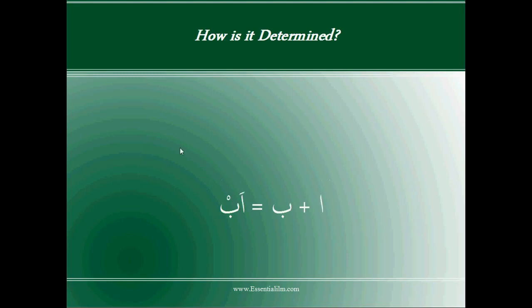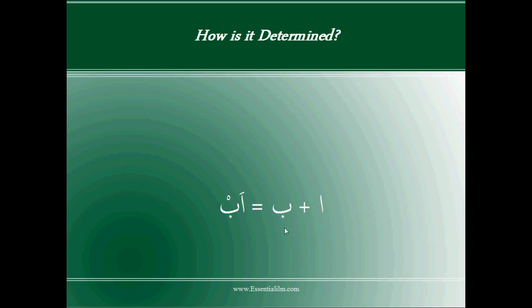Now, how is the articulation point of a letter determined? Basically, whatever letter you're trying to figure out the articulation point for, you put an alif before it, or really you can put any letter before it, but just say you put an alif before it with a fatha, or you can use a kasra, but we're just going to use fatha, okay?